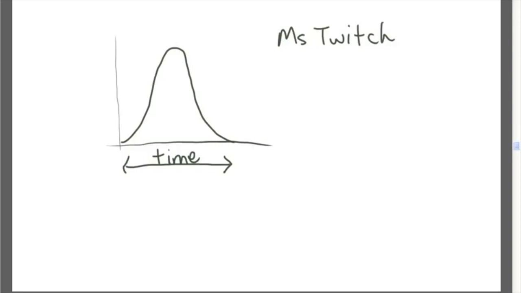Watch, I'll draw another one over here. We could have one that looks like this on this little graph. Tell me about the time of this. Short. What do you think this height is? Yeah, it's the intensity or the strength of the electrical signal.